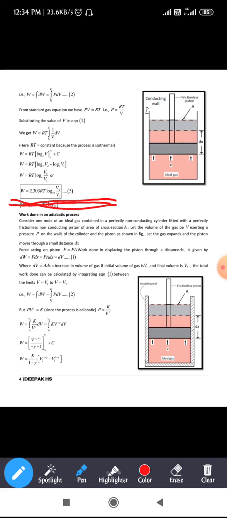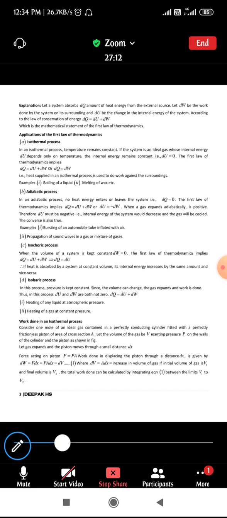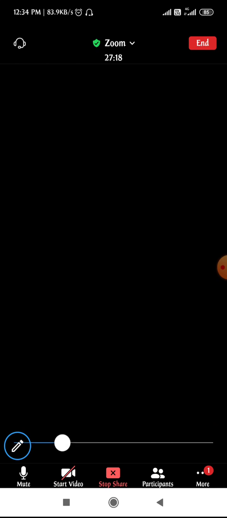That is equation 3. This is regarding the work done in an isothermal process. Carefully go through the derivation, go through the explanation first, next the mathematical steps. In case you have any doubts, please let me know.